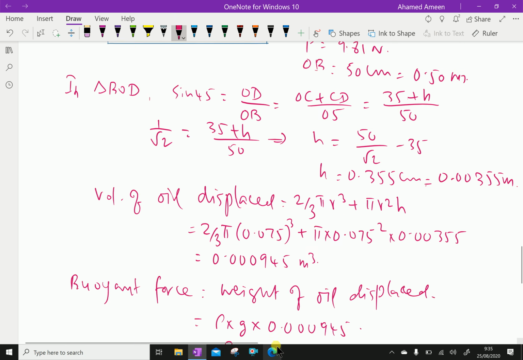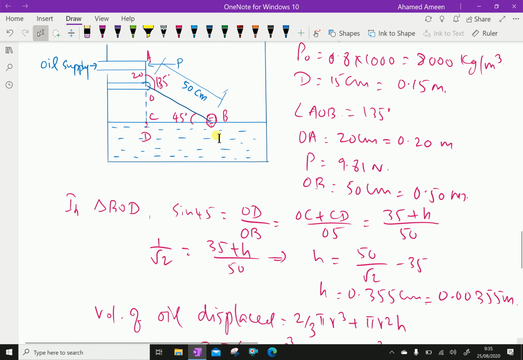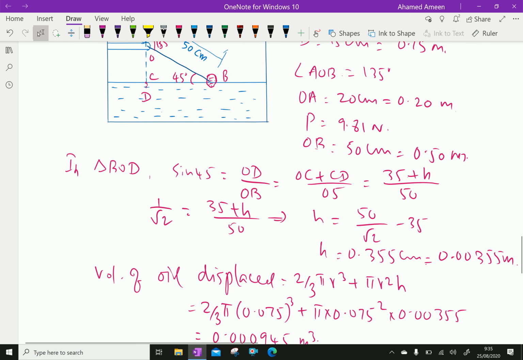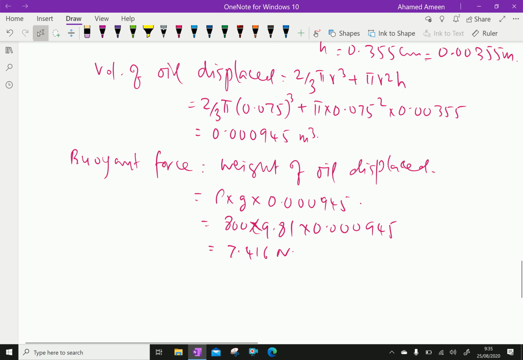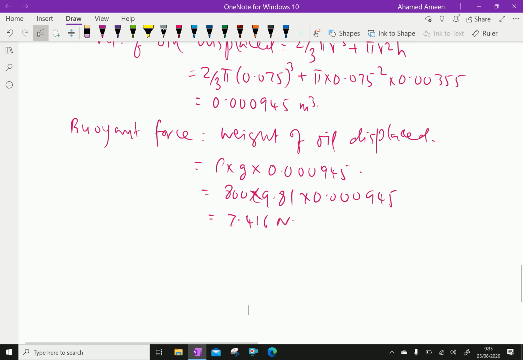That means this buoyant force, that force is transferred to the float wall. The buoyant force and weight of the float pass through the same vertical line, passing through B.